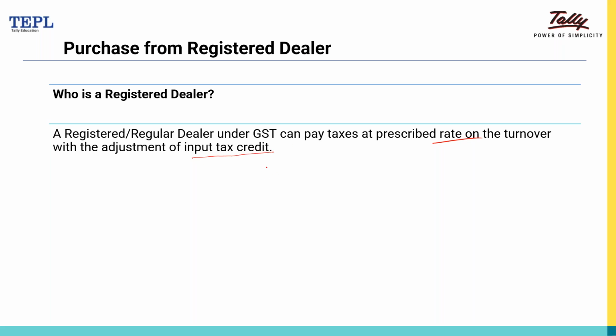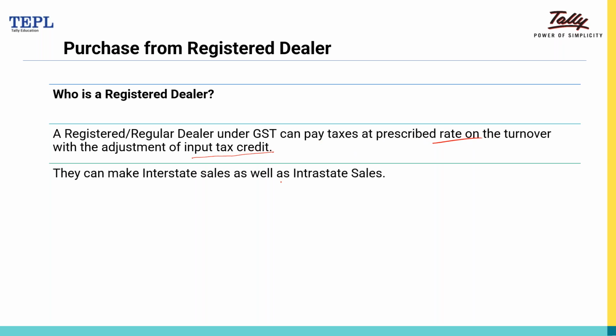If you have any doubt, you can ask me, and I'll tell you what input tax credit is. So a regular dealer under GST can pay tax at the prescribed rate. So what are the prescribed rates? The prescribed rate is 0% to 28%, like 0%, then 5%, then 12%, then 18%, and finally 28%.